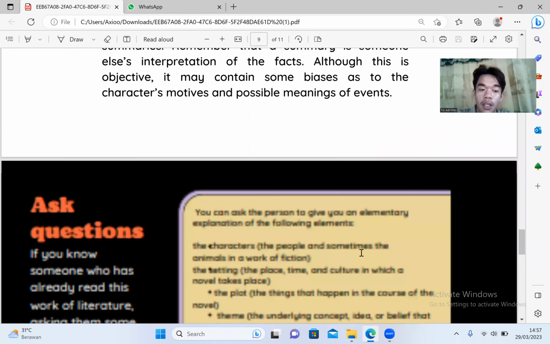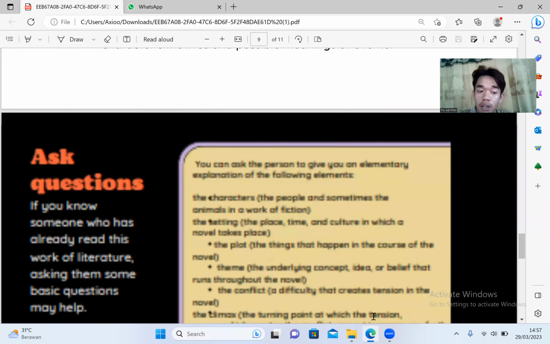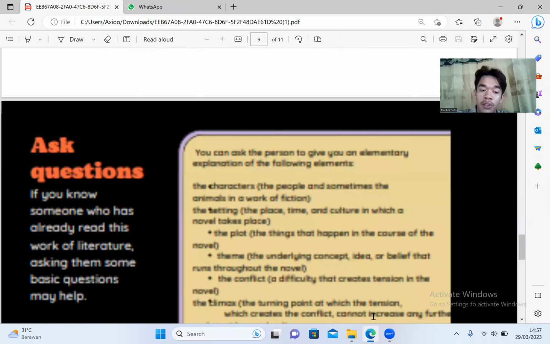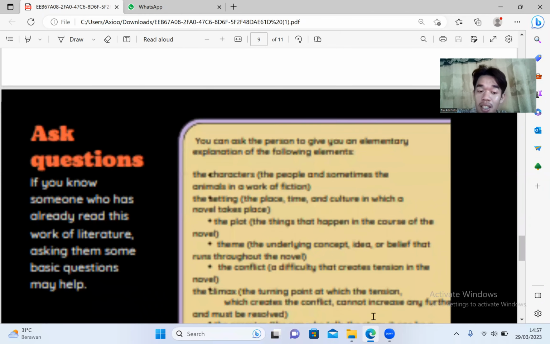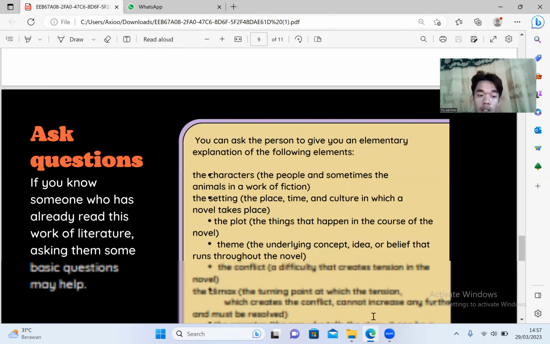Then ask questions. If you know someone who has already read this work of literature, asking them basic questions might help. You can ask the person to give you an elementary explanation of the following elements. You can ask about the characters, the people, or sometimes animals in a work of fiction.